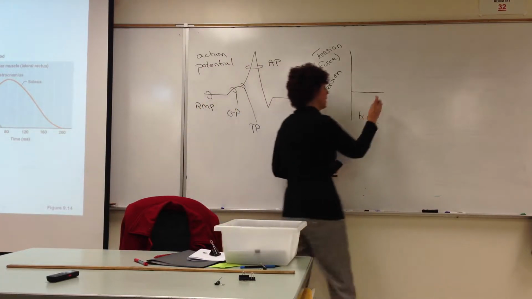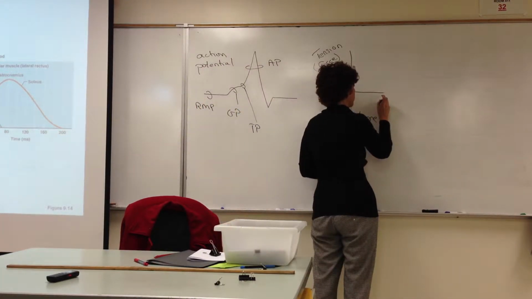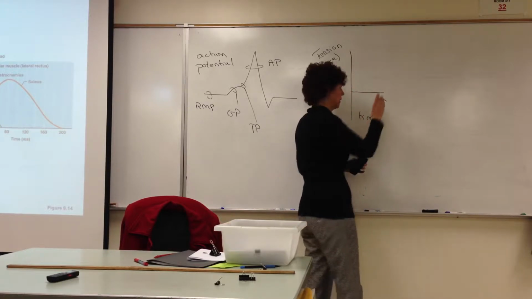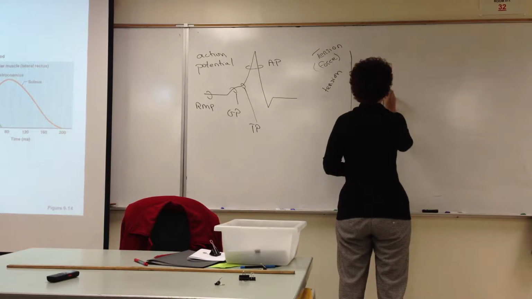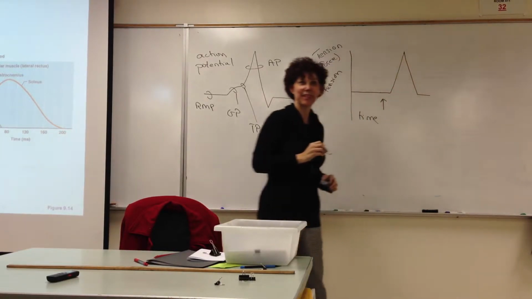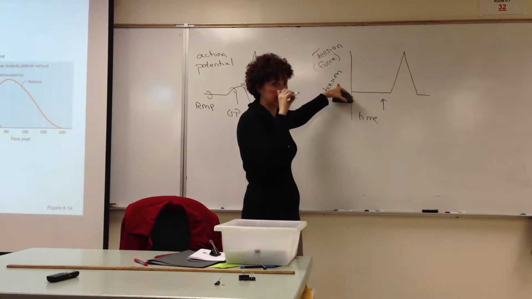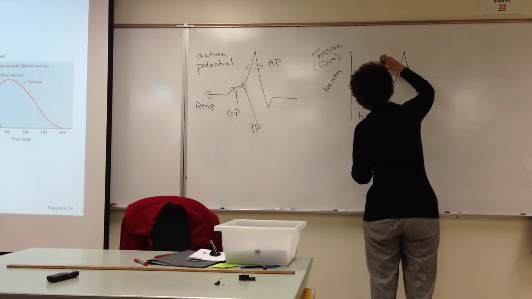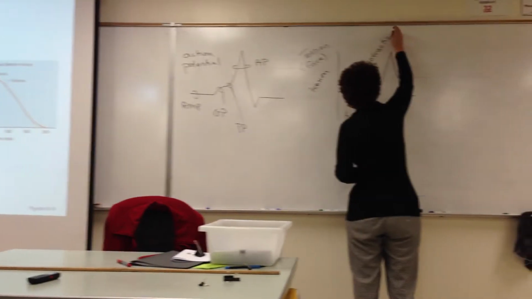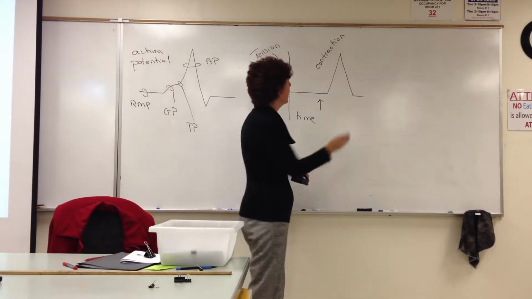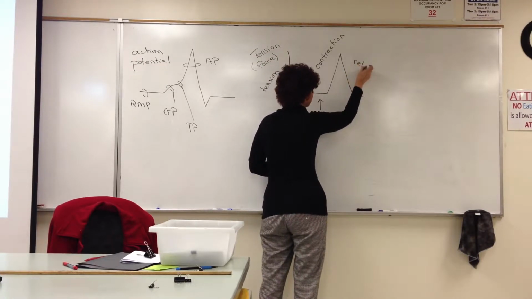We give it a stimulus sufficient to reach threshold. The muscle cell contracts. And the muscle cell relaxes. Okay? Because we're measuring tension, rather than depolarization, this would be contraction, and this would be relaxation.